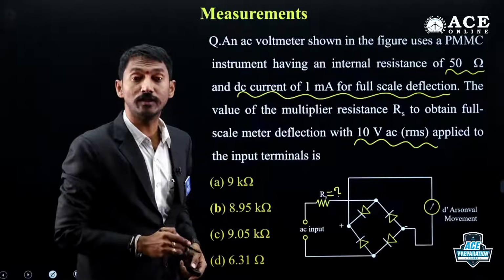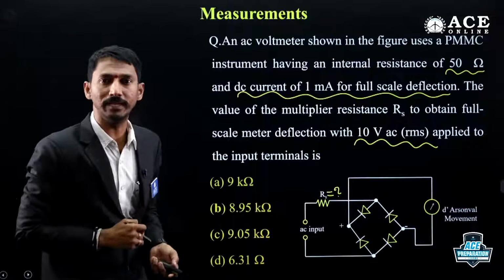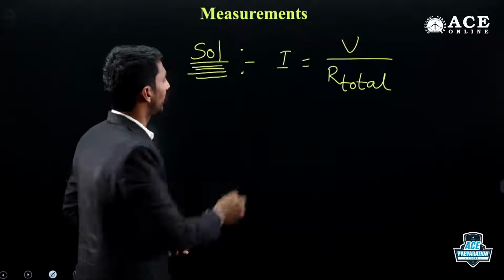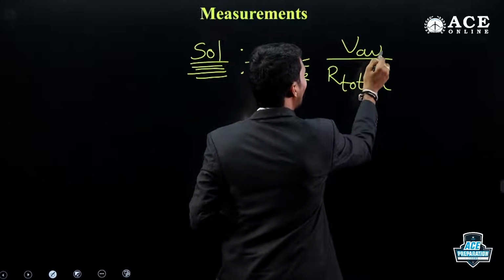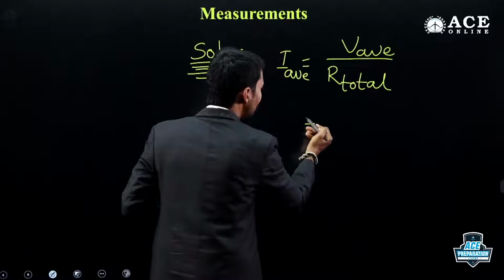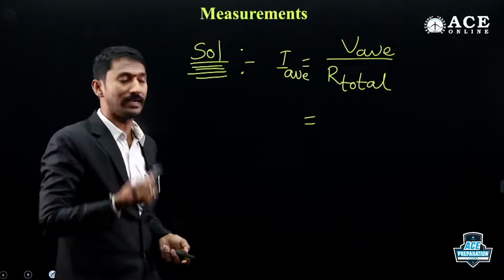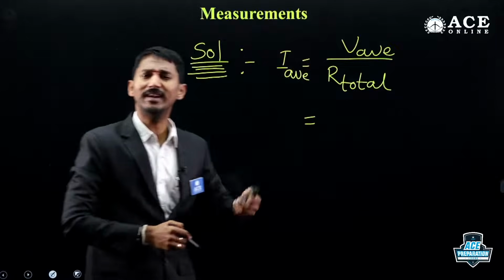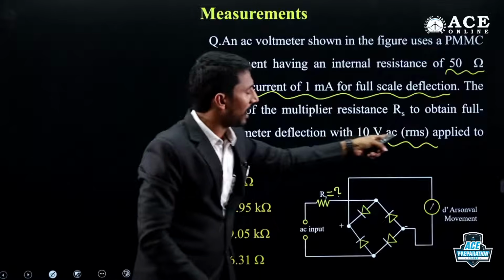1 milli. So therefore I average is giving indirectly 1 milliampere. So here the I average formula will be V average like this. Now, sir, as it is a full bridge rectifier, what is the V average formula in terms of RMS?